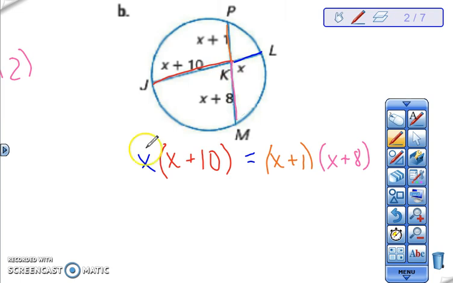And so now we just use a little bit of algebra, use our distributive property, to solve the equation.